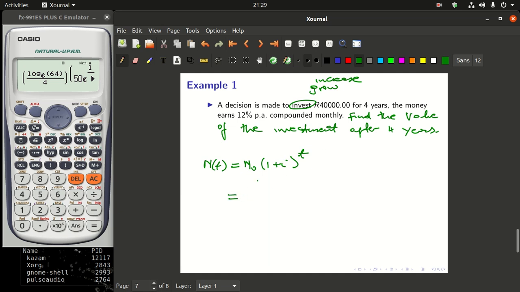What is N naught? N naught is the amount that you are investing, so we have 40,000. And then 1 plus i. What is i? i is 12%. I want a decimal there, so I have to divide by 100.